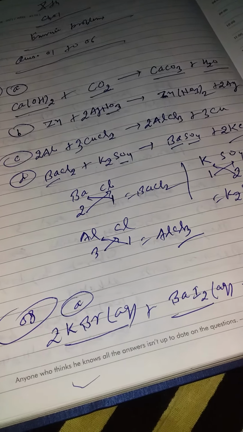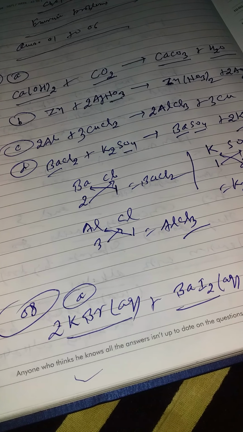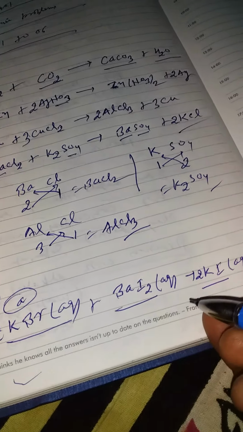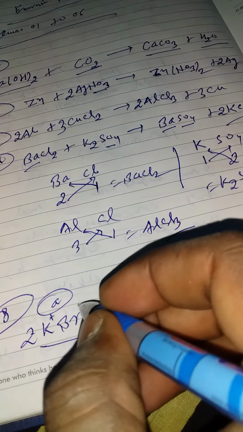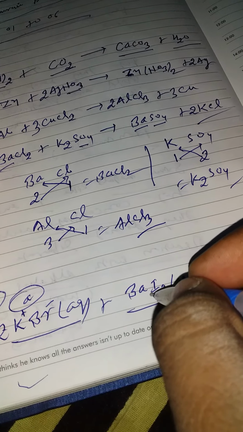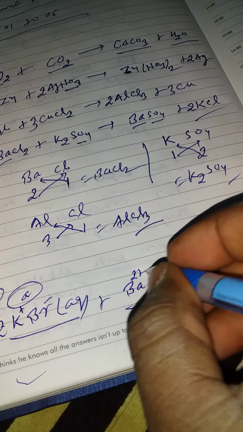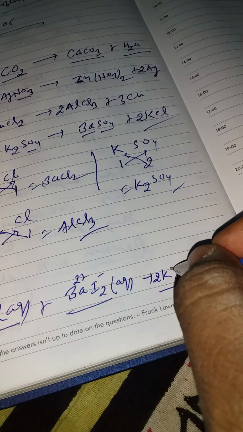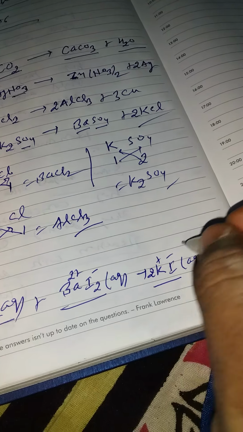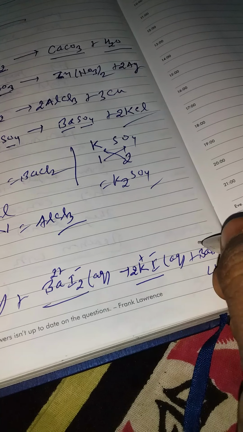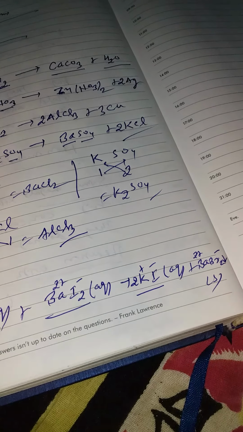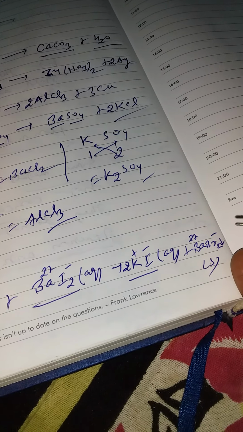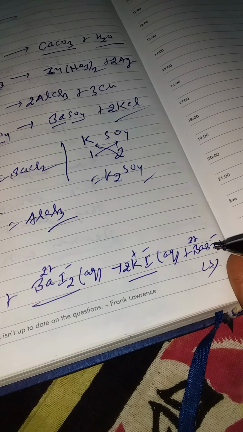We have to identify this chemical equation, write the name of the chemical reaction. So here we see that K plus, Br minus, Ba 2 plus, I minus, and here K plus, I minus, Ba 2 plus and Br minus, 2 Br minus, so 2 atoms of Br are present.